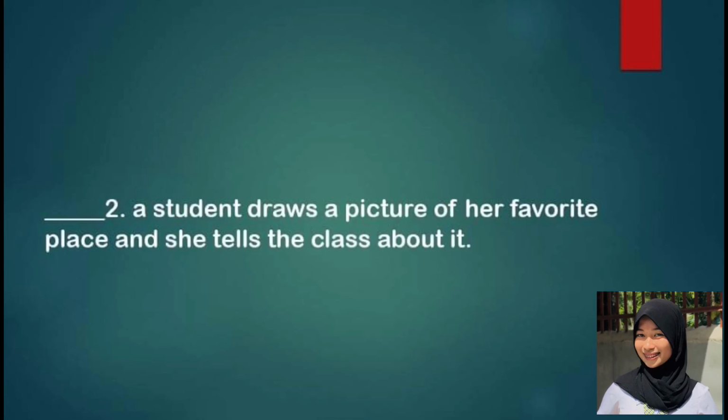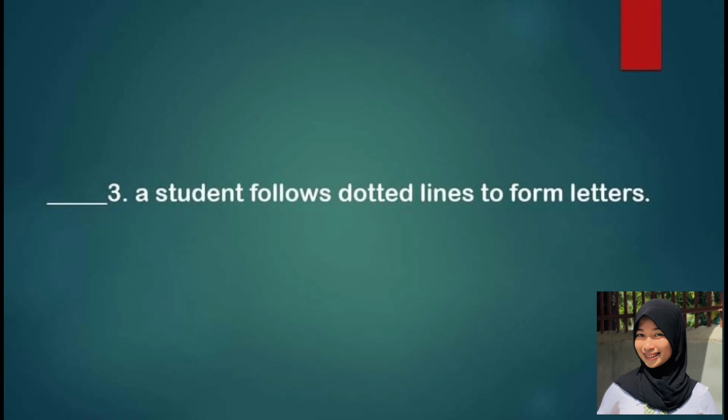If you said it is TM, then you're correct. This activity highlights meaning because the student draws a picture of her favorite place and she is trying to tell the class about that picture or about that drawing. Number 3.